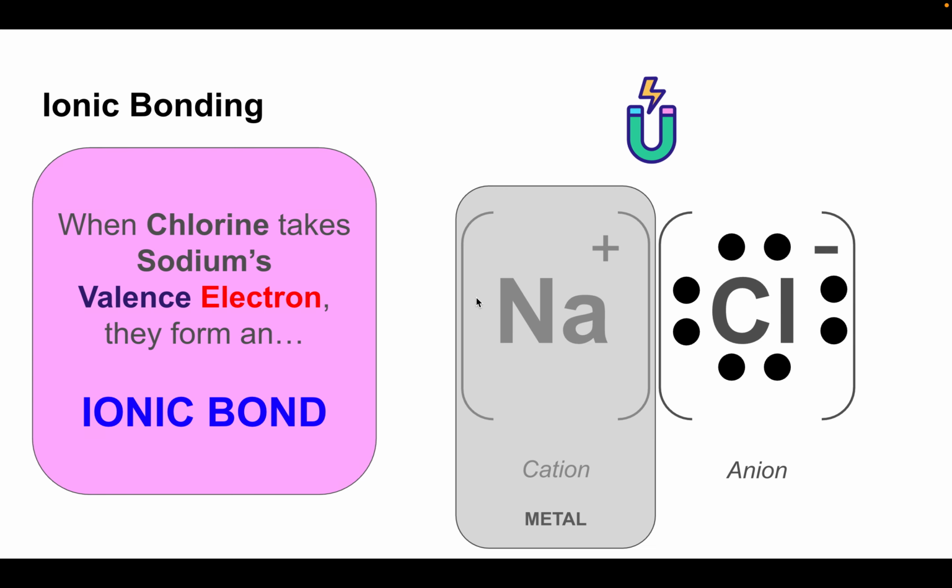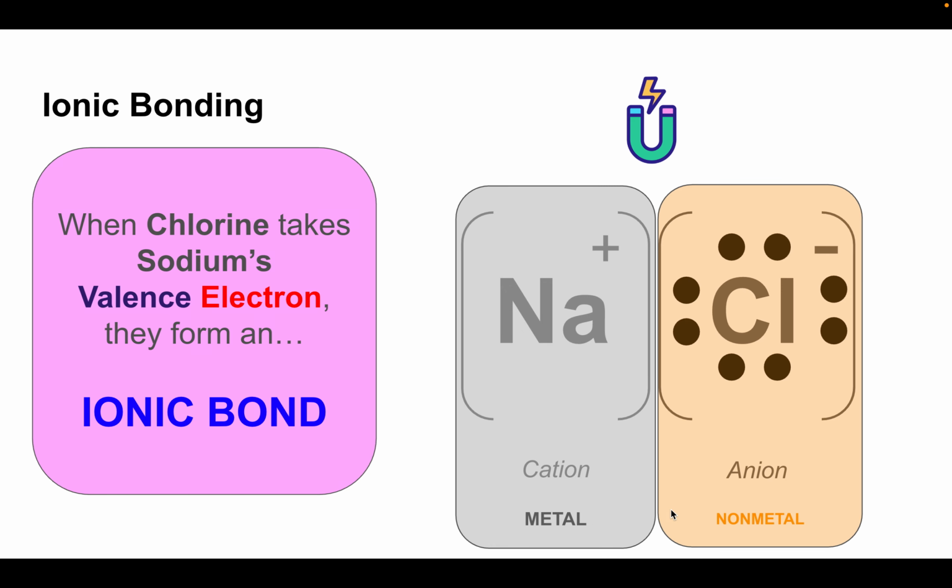Now I want you to pay attention to the 2 things that are required for an ionic bond. The cations are going to be what give up an electron. These are always going to be metals. Anions are typically going to be nonmetals because they want to accept an electron.